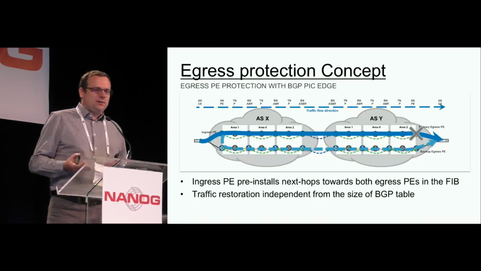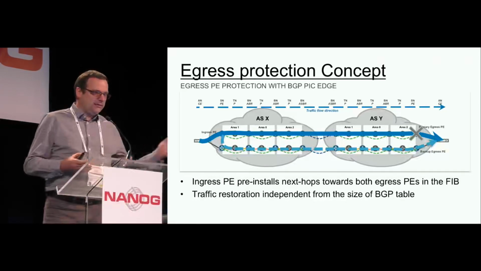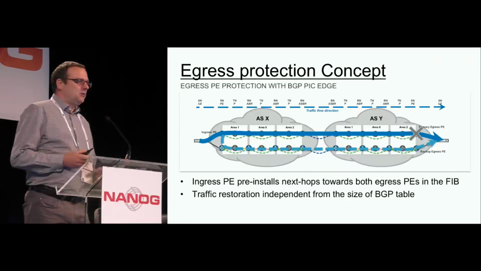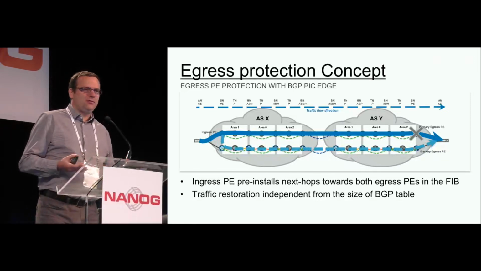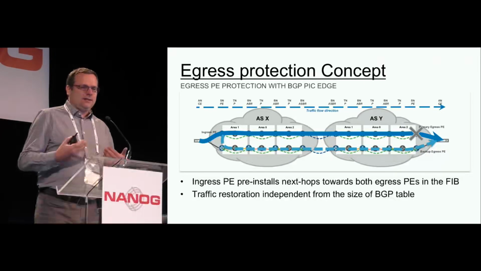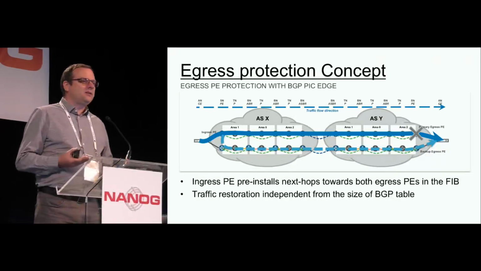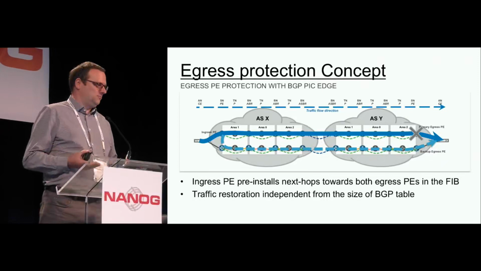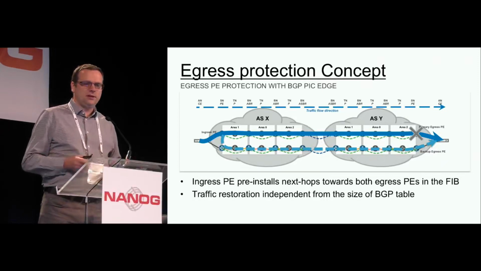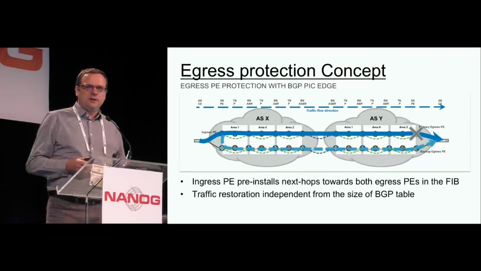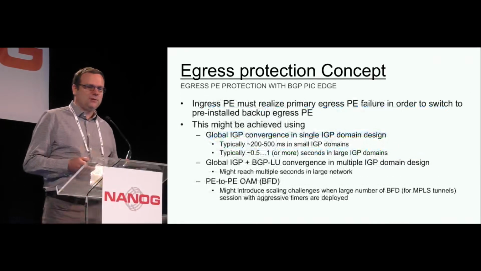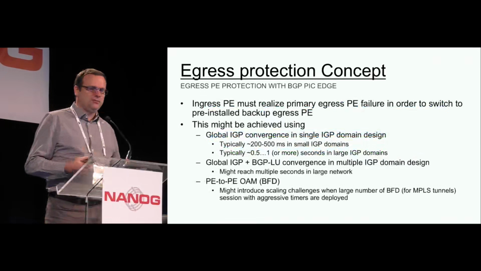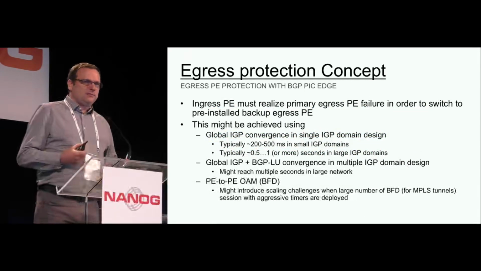On the ingress node, on the left side, we can pre-install in the FIB, the forwarding table, the next hops to the primary egress node and the backup egress node. This is one of the options that we have. This is called BGP PIC Edge, by the way, and it works.